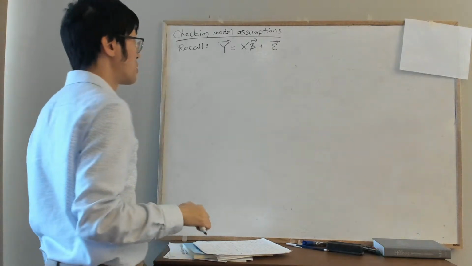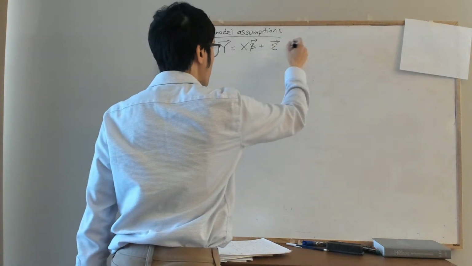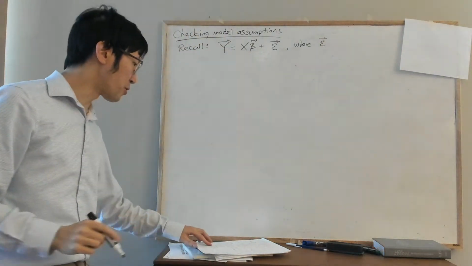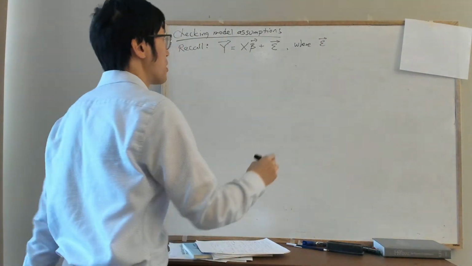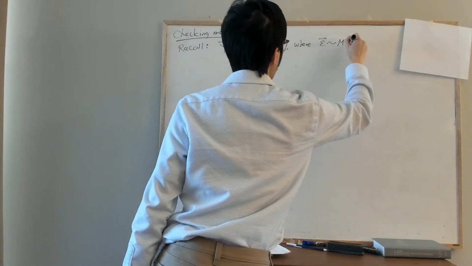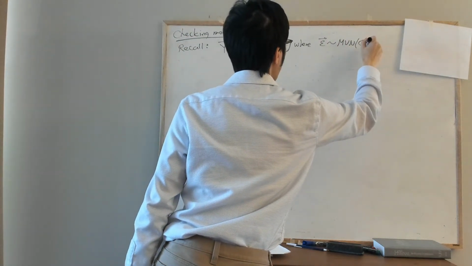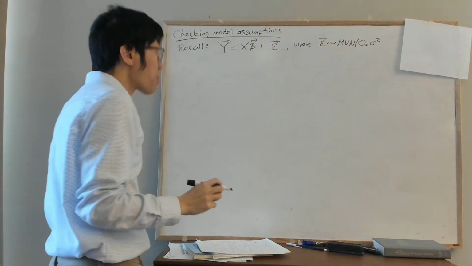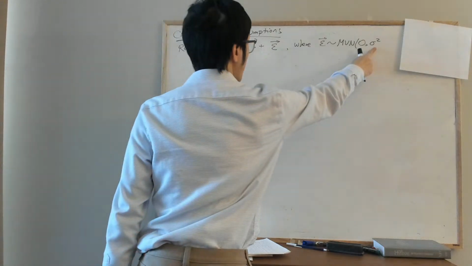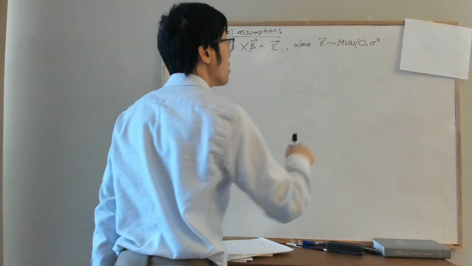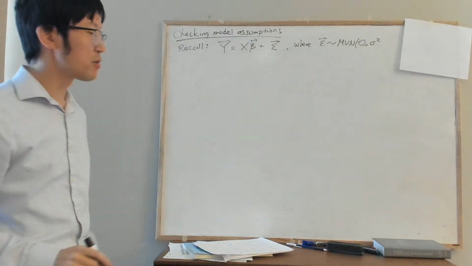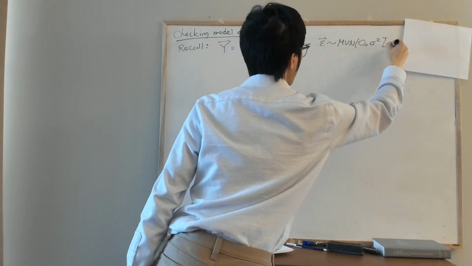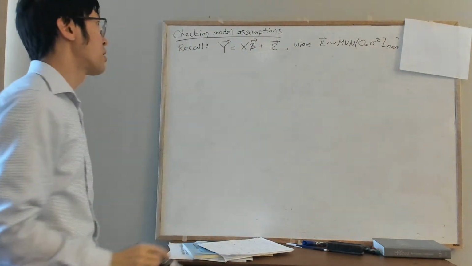And what did we specifically assume about epsilon here? Through all the derivations we've done, we assumed that it has a multivariate normal distribution. Errors have mean 0, and each of them is independently distributed with variance sigma squared. We can express that compactly as sigma squared times the identity matrix, specifically n by n with n observations.